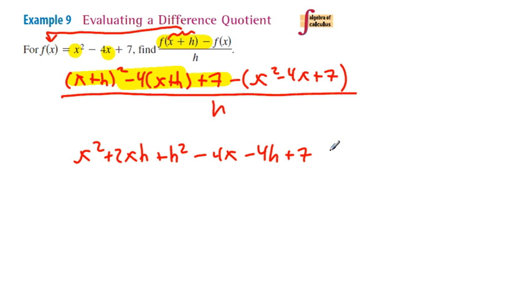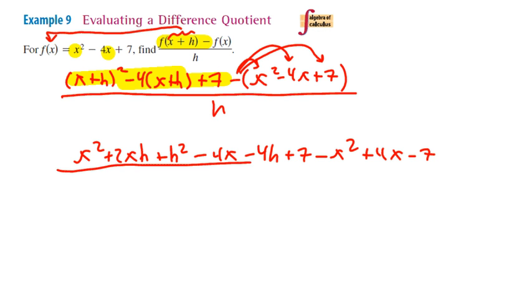And then we have to distribute this negative sign. A negative times a positive is a negative x squared. A negative times a negative is our positive 4x. And a negative times a positive is a negative 7. And now it just became longer on top, but that's all over h.